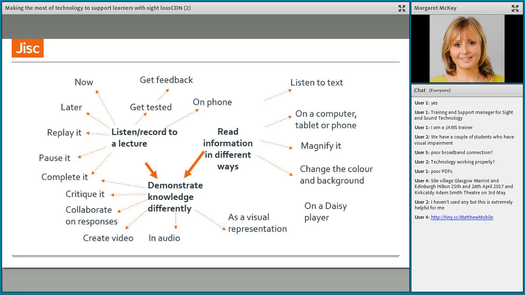Now, this example wasn't designed for people with vision loss, but you can really see the potential for students with vision loss if apps, augmented reality, QR codes, and all sorts of other tools allow learners to access not just their learning, but their environment in lots of different ways.